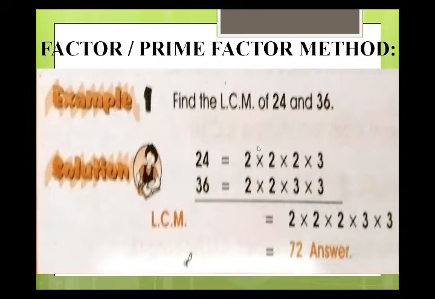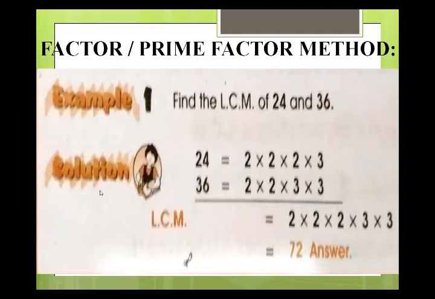Because 2 into 2 is 4, 4 into 2 is 8, and 8 into 3 is 24. What are the factors of 36? The factors of 36 are 2, 2, 3, 3. How? 2 into 2 is 4, 4 into 3 is 12, and 12 into 3 is 36. Here the factors of 36 come in pairs.